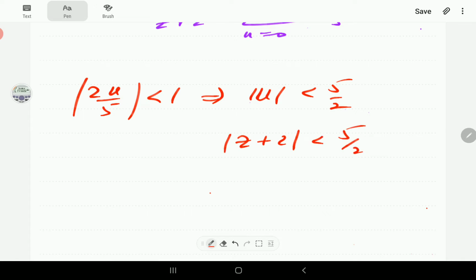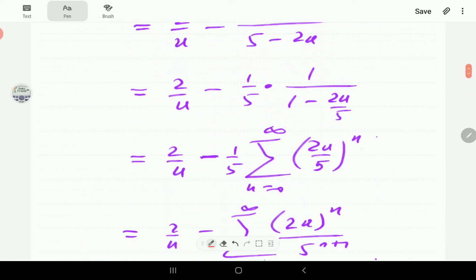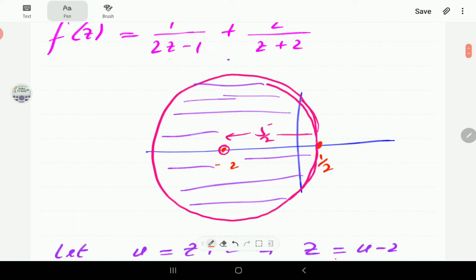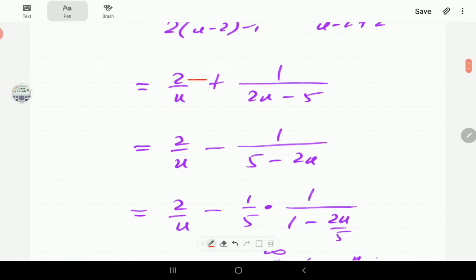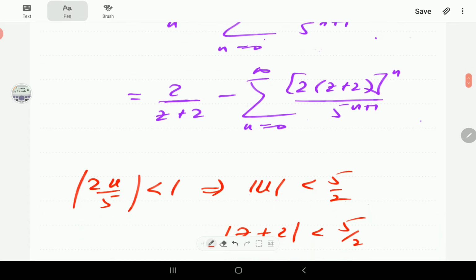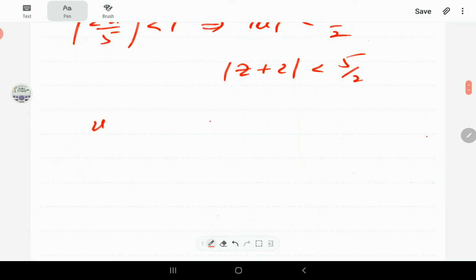So this is saying magnitude of z plus 2 is less than 5 over 2, which is indeed the region inside this circle here. And then, of course, this one here is going to be valid whenever the magnitude of u is greater than 0.